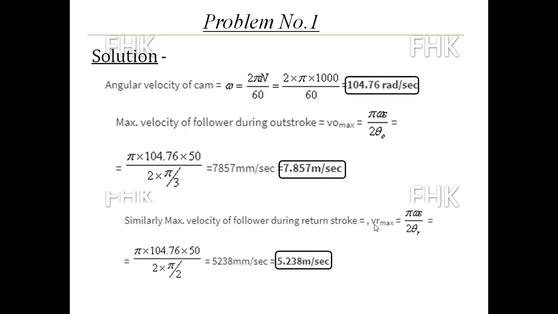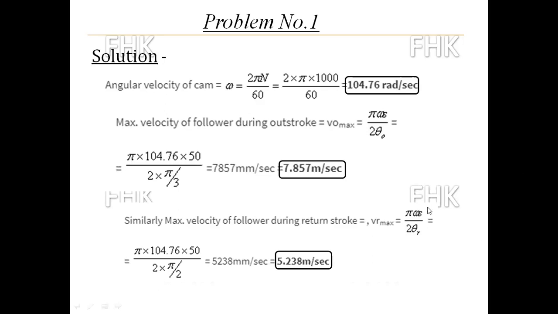Now the next parameter to find is the velocity of the follower during the return stroke, VR. The formula is the same, only a minus sign is given in that table. That minus sign means the velocity goes on decreasing.